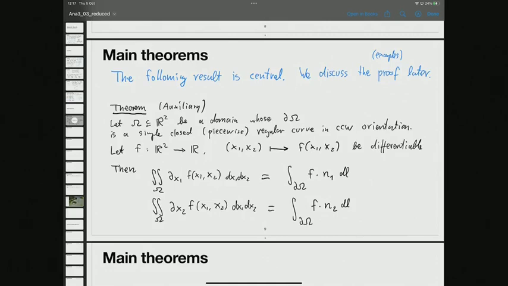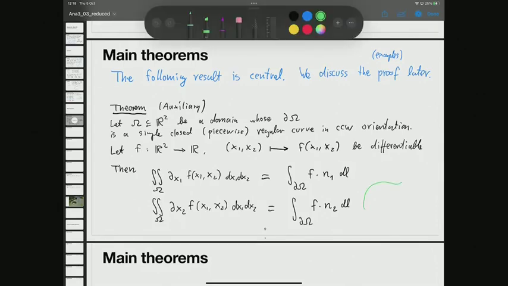Namely, I can express it as a curve integral of the function f itself multiplied with the first component of the outer unit normal. I take that product, the function f, and that component of the outer unit normal. If I integrate it along the boundary, that will be the same as integrating the derivative in x1 of the function f over the entire domain.